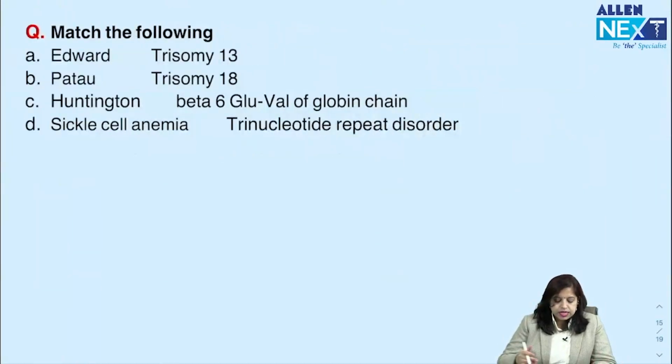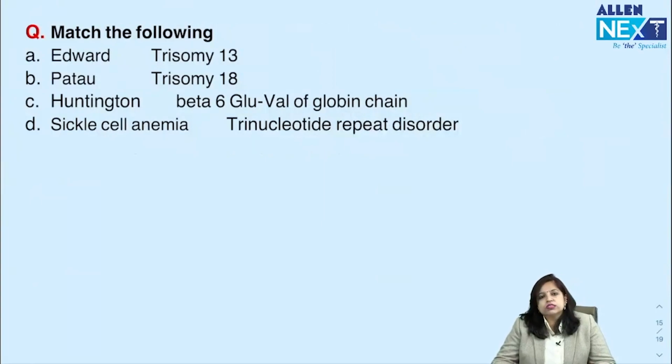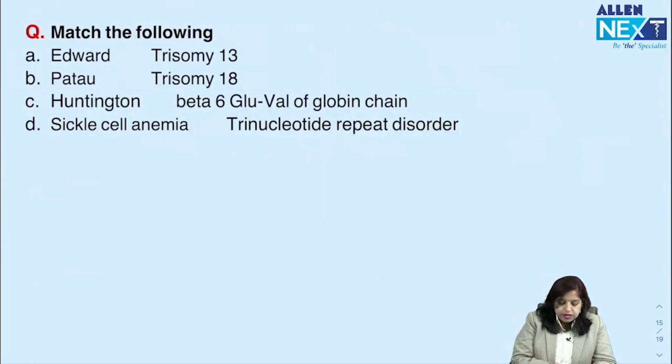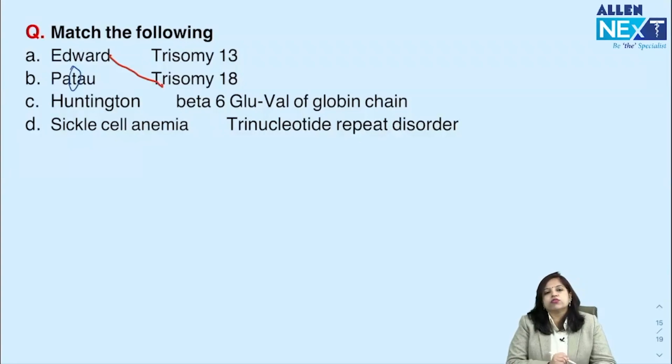Then coming to the next, this was a very easy question, matching the following. We know Edward syndrome, E stands for Edward and E stands for trisomy 18. So we will match it like this. Then Patau syndrome, how do you remember? T is for 13 over here. So you have to remember Patau is trisomy 13. Huntington's, we all know, is a trinucleotide repeat disorder.